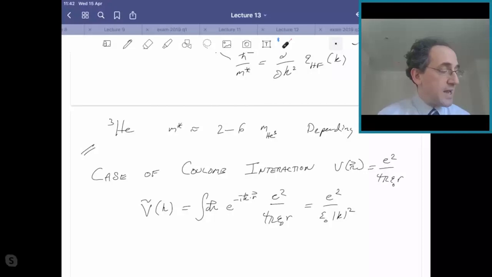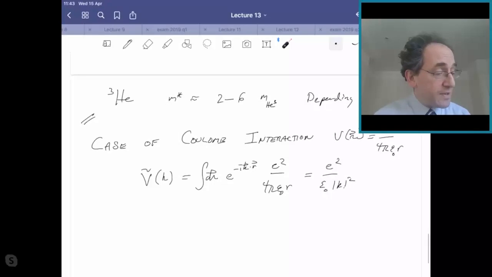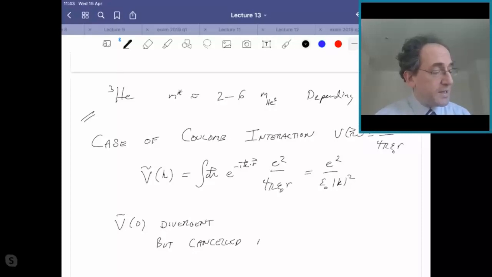I guess what's not obvious is that the prefactor is 1. It's sort of an exercise in doing the Fourier transform. And we do have the unfortunate feature that v twiddle at k equals 0 is divergent. But this gets cancelled by the neutralizing background, by the jellium background, by the positive background.